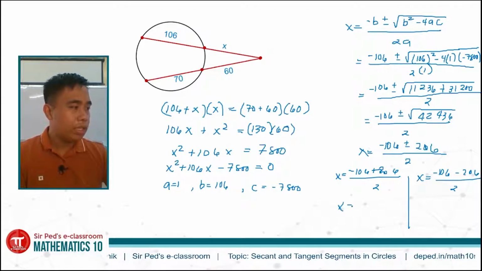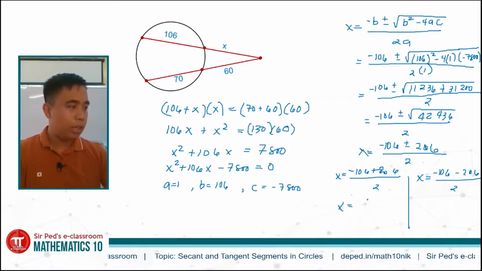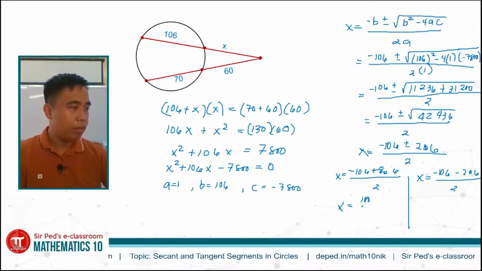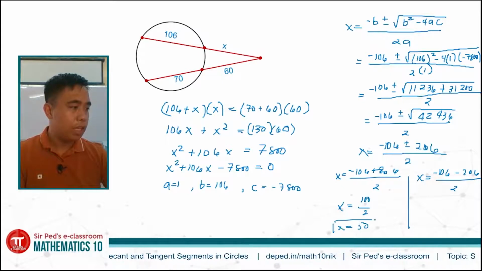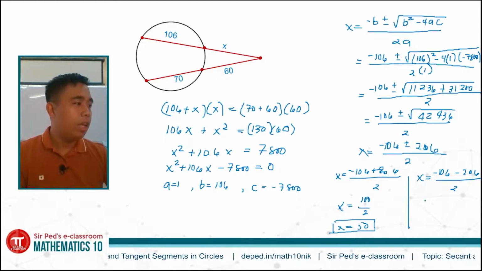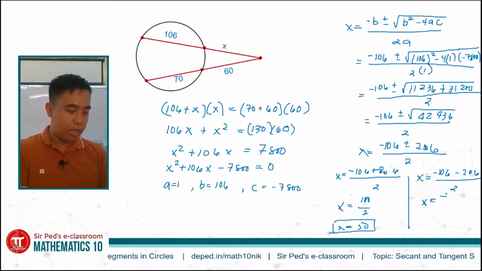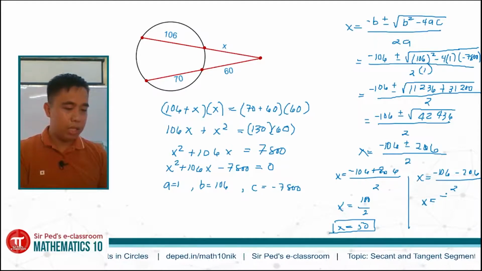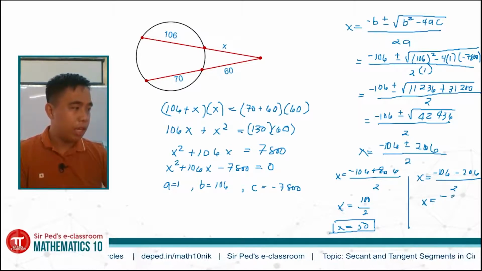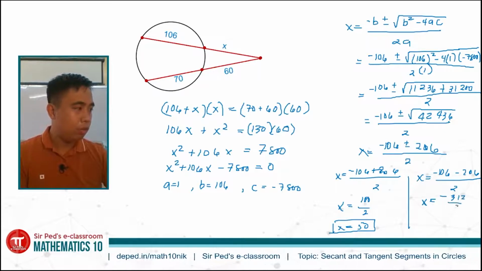So, x is equal to 100 over 2. So, x is equal to 50. Okay? The other one, x is equal to negative 106 minus 206. That is negative 312 over 2.